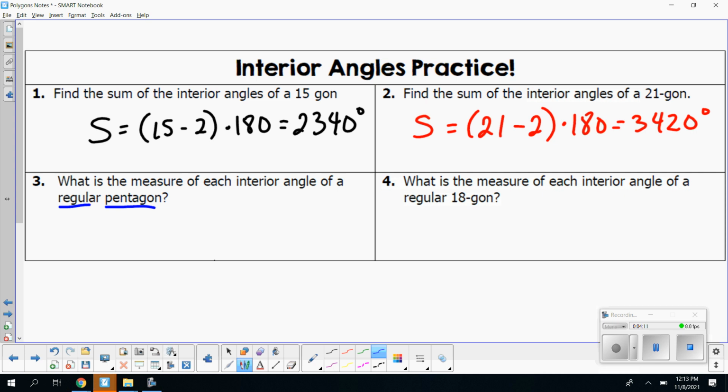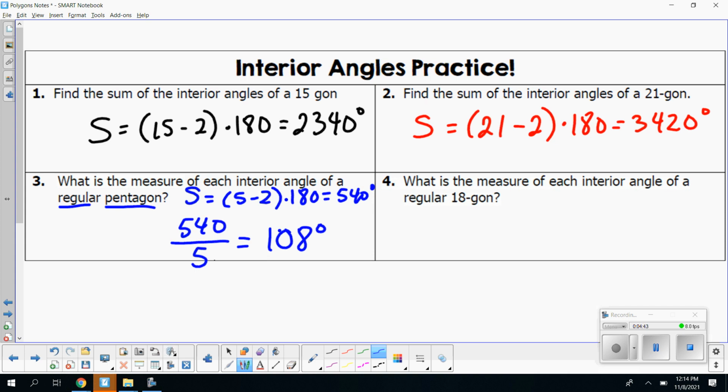So we find that the sum of the interior angles is going to be 5 minus 2, times 180, that's going to give us 540 degrees. Okay, so if we take that 540 degrees and we divide it by the number of sides, in this case 5, we find out that all of the angles will be equal to 108 degrees.